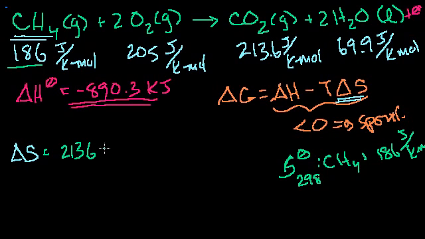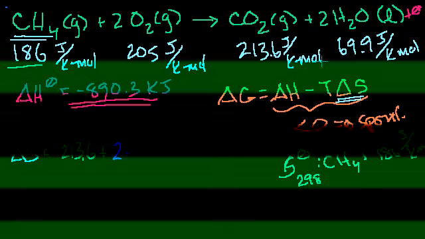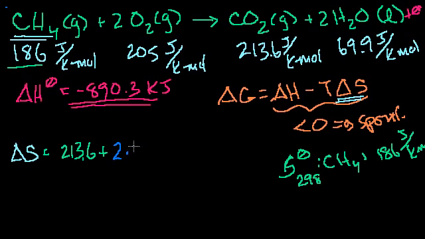So that's going to be equal to 213.6 plus, I have 2 moles of water here, so plus 2 times 70, almost 70, 69.9. And then I want to subtract out the entropy of the reactants.